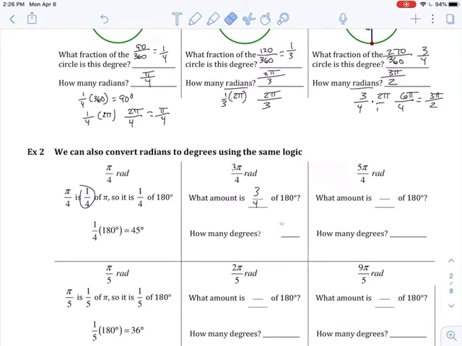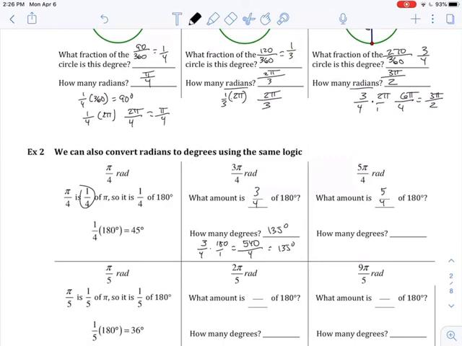Just do this down here so we get a little bit more room. All right, so if I go 3/4 times 180, that's going to equal 540 over 4. And then when I do this in my calculator or simplify, that's going to come out to 135 degrees. Okay? The next one, 5 pi over 4, that is 5/4 of pi.